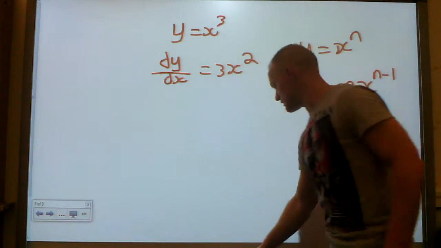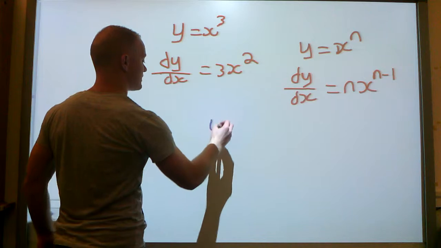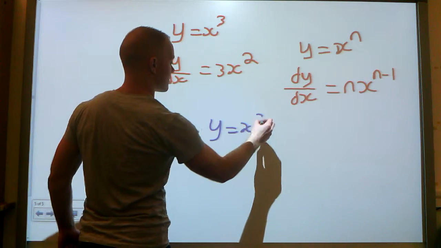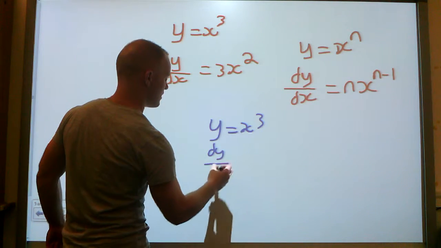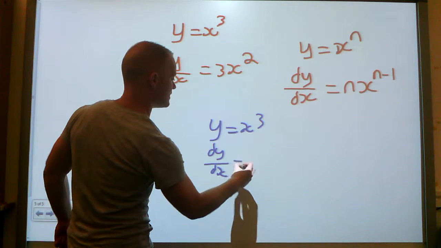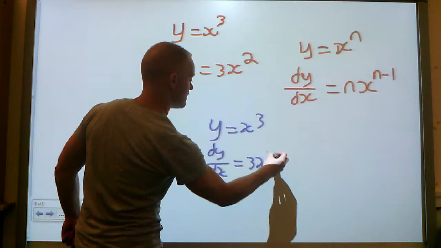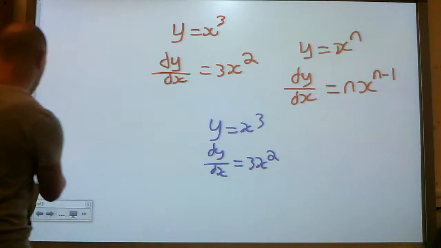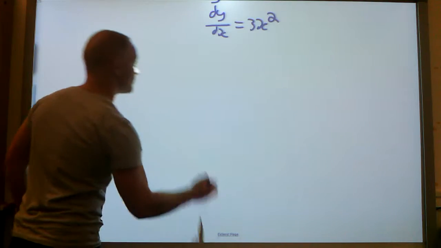Okay, so let's do a quick example of that. If y is equal to x cubed, dy dx is equal to 3x squared, okay? And I'll do one more example, a more complicated one.